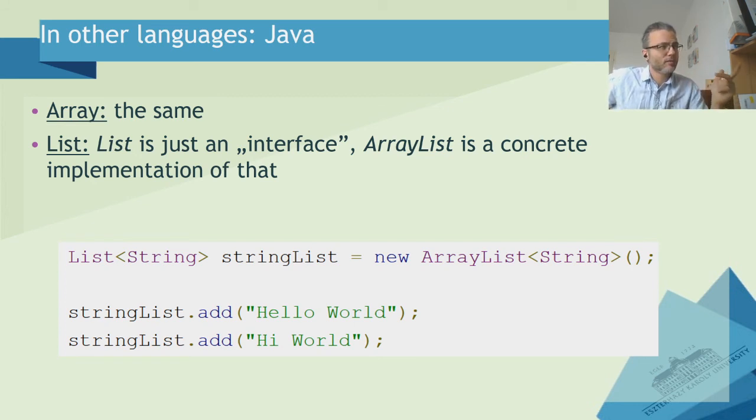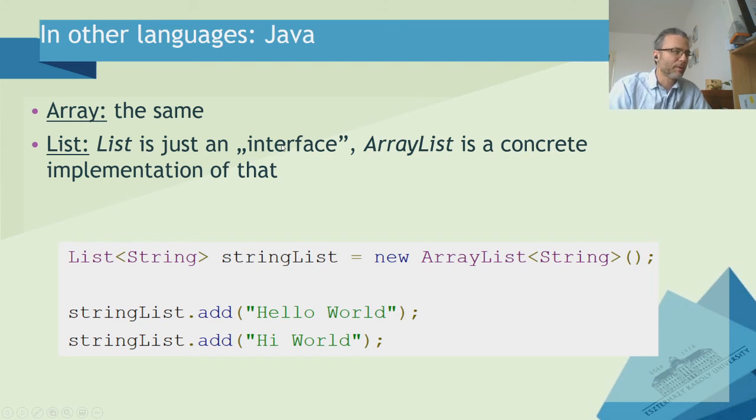And Java lets the programmer know about this. Therefore, in Java, List is not a class. You cannot use the list as you use it in C#. List is just an interface, not a class.